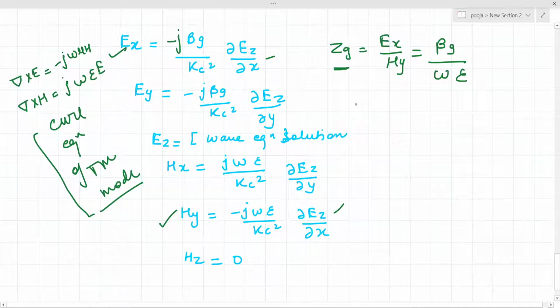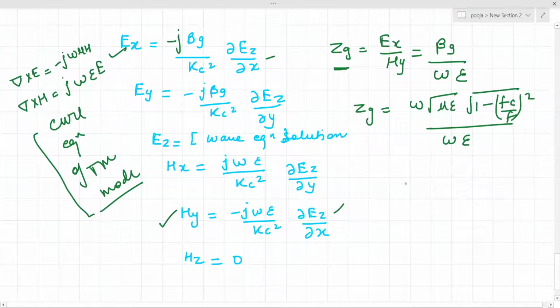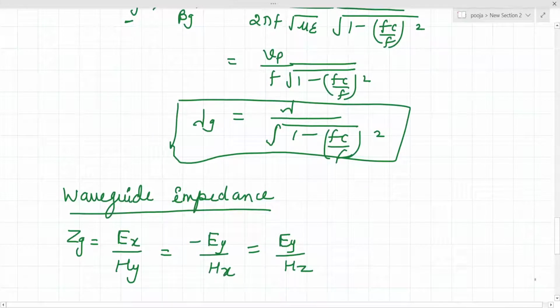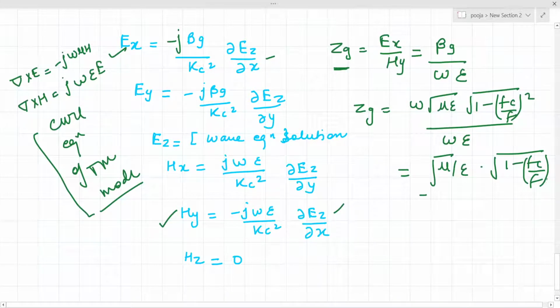After putting the value of beta g here, Zg will become omega root mu epsilon, root of 1 minus fc by f whole squared, divided by omega epsilon. This becomes root mu by epsilon into root of 1 minus fc by f whole squared. Root mu by epsilon is equal to eta, the intrinsic impedance.